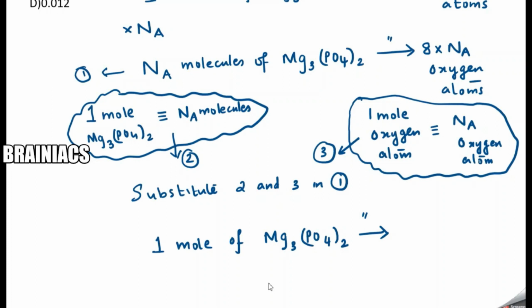I know Na oxygen atoms is equal to 1 mole of oxygen atoms. So substituting Na equal to 1 mole, it becomes 8 into 1 mole, that is 8 mole of oxygen atoms. Correct? Now we have arrived at a fundamental relationship: 1 mole of magnesium phosphate contains 8 mole of oxygen atoms.